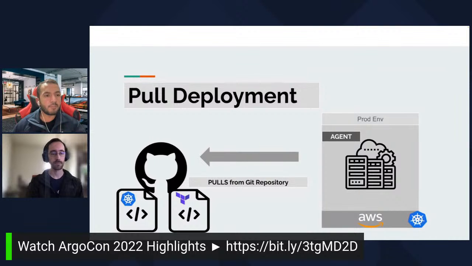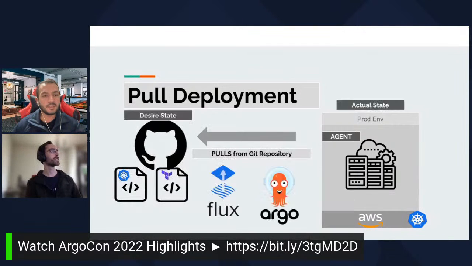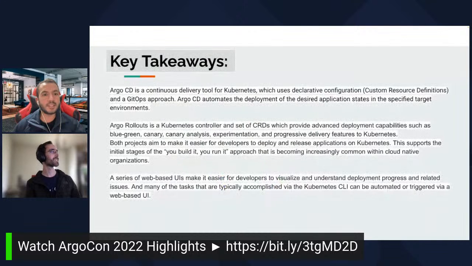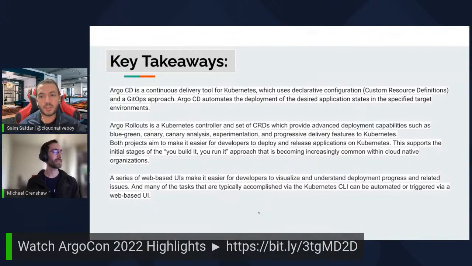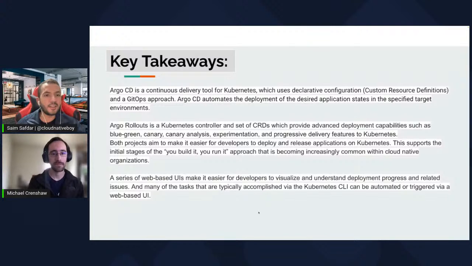And also, Michael, if you go to the next and final slide, you can give people an overview. Yes, and one more, please. So I think we can see Argo CD is a continuous delivery tool for Kubernetes, which uses declarative configuration, CRDs, and a GitOps approach, and Argo CD automates the deployment of the desired application state in the specified target environment.